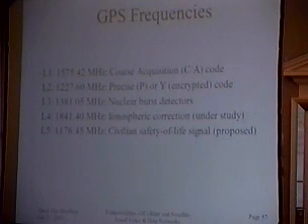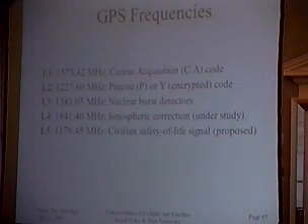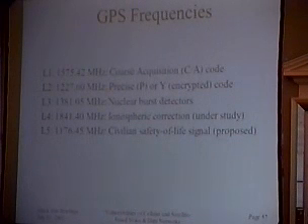Since they were going to the trouble of launching all these GPS satellites in low Earth orbit, and they're watching the Earth, they decided to put on board another sensor that would allow them to detect nuclear detonations. So there's another signal that comes down from these satellites that provides that information. L4 is a correction signal. One of the biggest inaccuracies of GPS comes because the ionosphere changes from hour to hour and day to day, but it changes differently depending on the frequency.